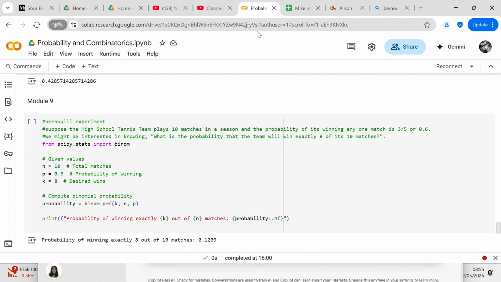We're going to compute the binomial probability. So probability equals binom.pmf, that's probability mass function, brackets K, N and P. Then we're going to print it out, and it's going to be 12%.